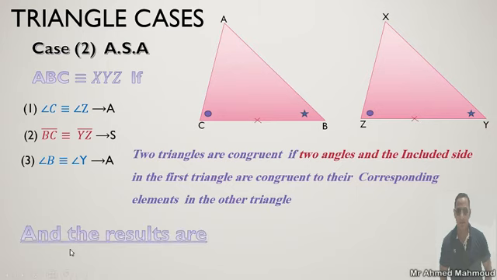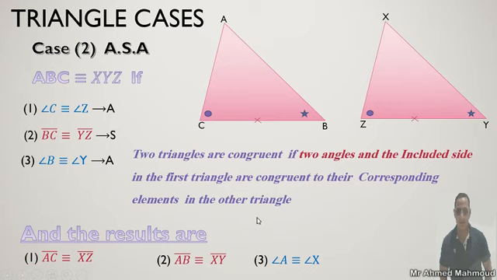The first result, AC is equal to XZ. Number two, AB is equal to XY. Finally, angle A equal to angle X. And this is the second case.